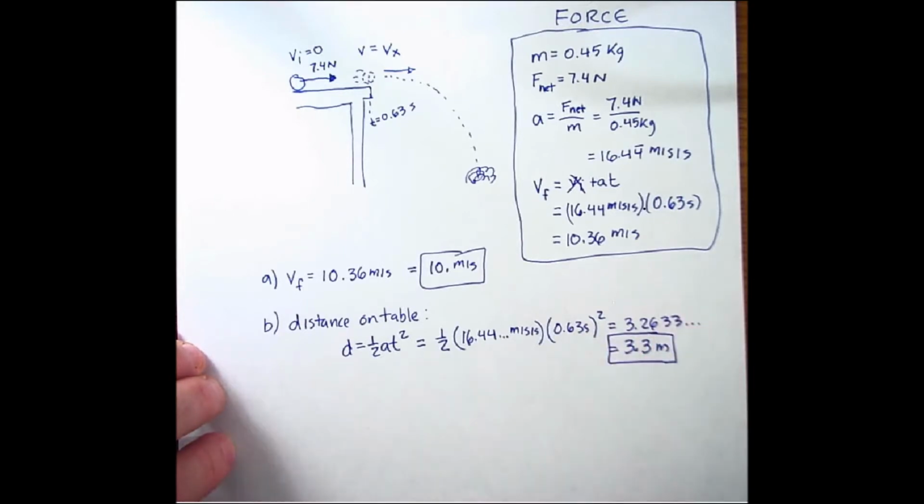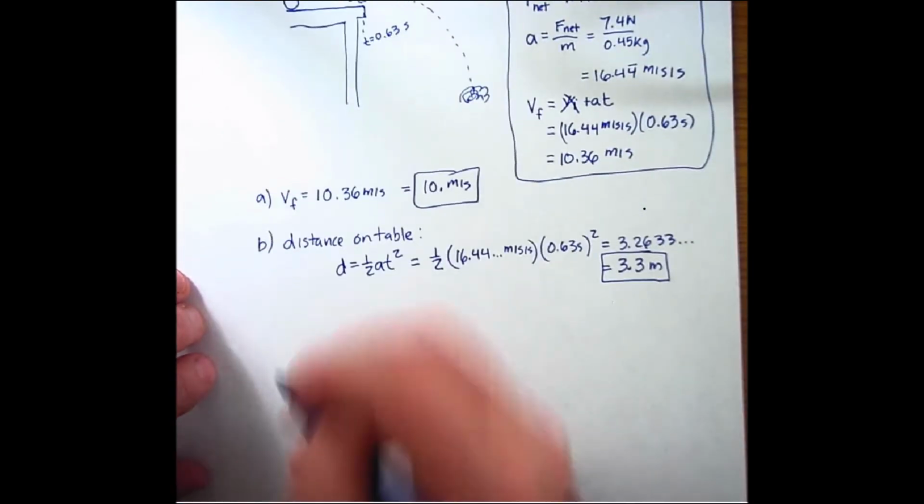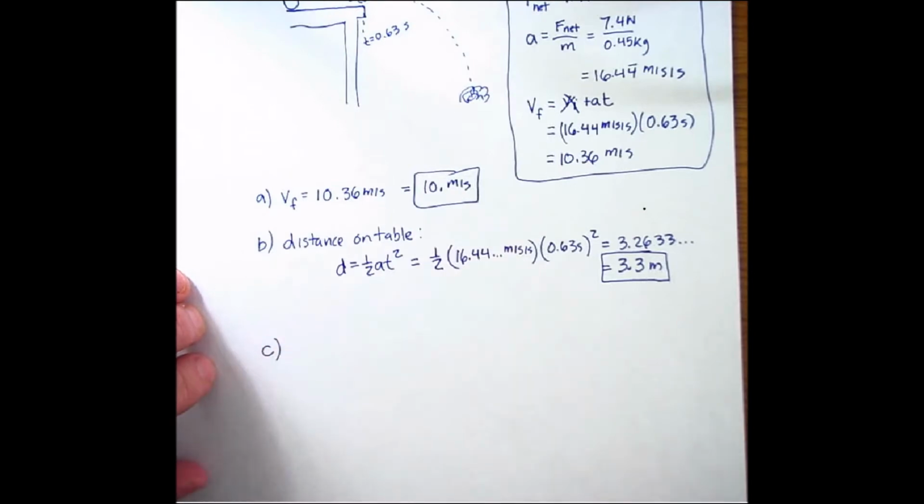So that actually is also still part of the force problem that I did right up here. Now what I'm going to do is solve things about the trajectory problem. Now what I care about is what happens after it leaves the table.